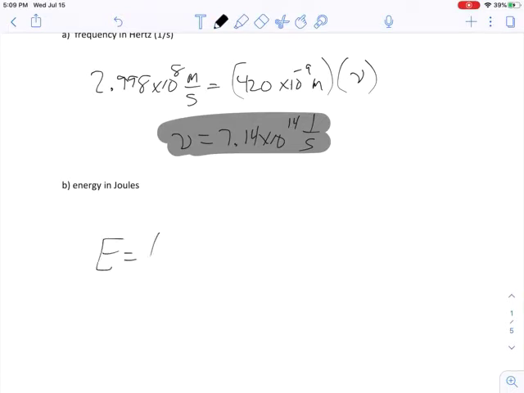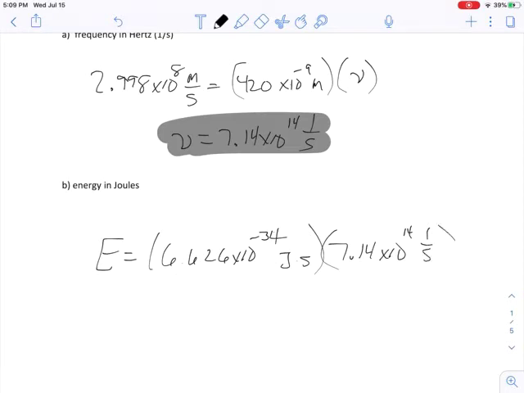So then the energy, E, is going to be equal to Planck's constant, 6.626 times 10 to the negative 34th, and that's in joule seconds. And that's going to be multiplied by 7.14 times 10 to the 14th inverse seconds.